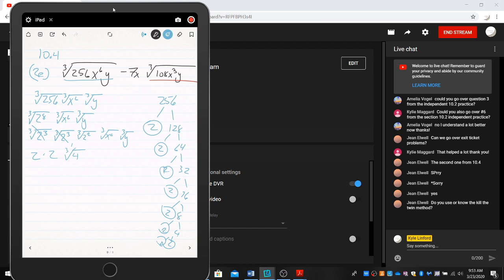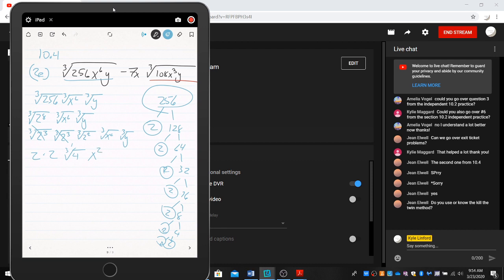But hopefully you're seeing that we were able to rewrite 256 using the prime factorization. So we got several of these 2's that we could group together in groups of 3. That's the thing. With the index being 3, we want 3 things all grouped together. And then we have the cube root of x to the 6. Well, let's see. We have 6 x's and we're asked to make groups of 3. That's just x squared, right?